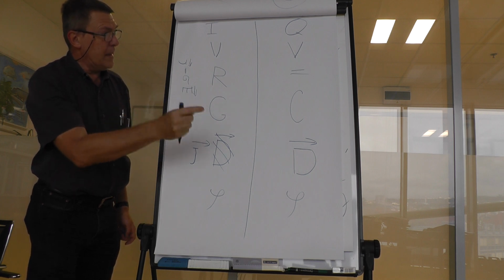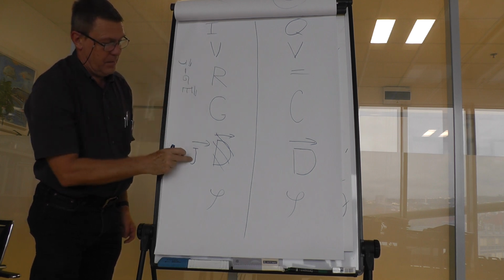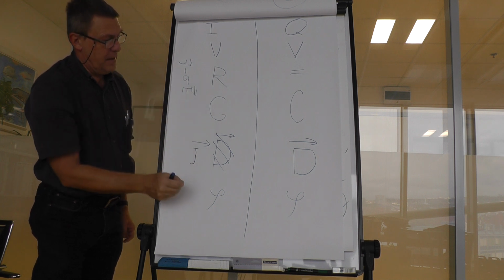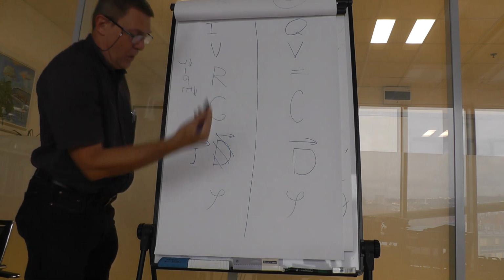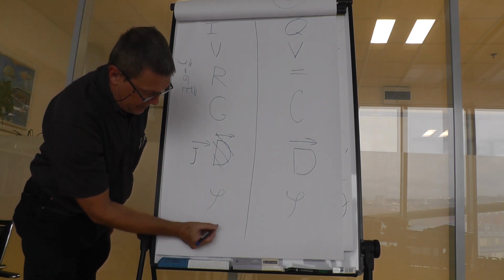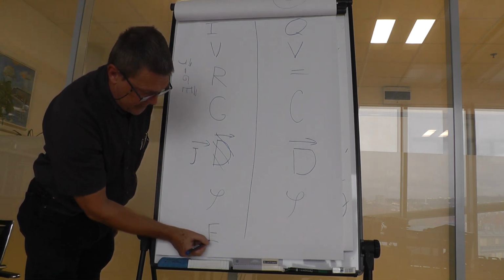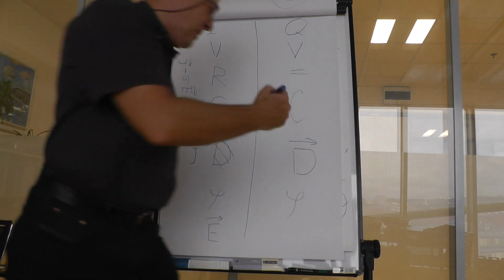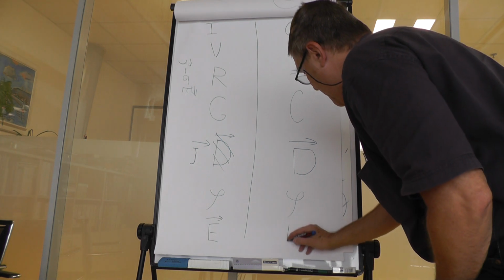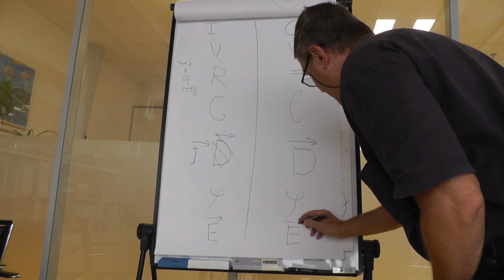Well, we already have this and this in our vocabulary, do we? Well, we had the voltage, so if the potential is the same, then the field strength must be the same in both worlds.